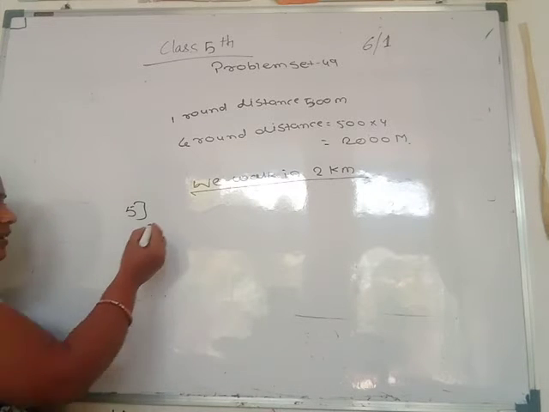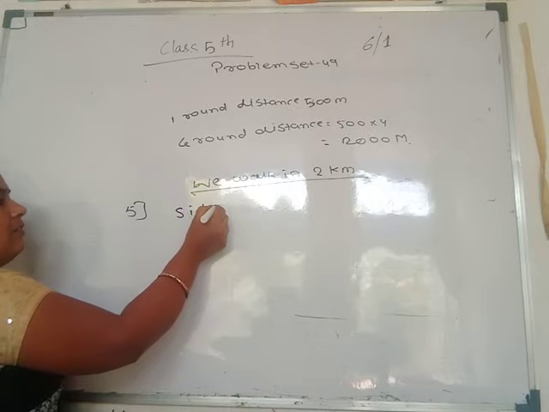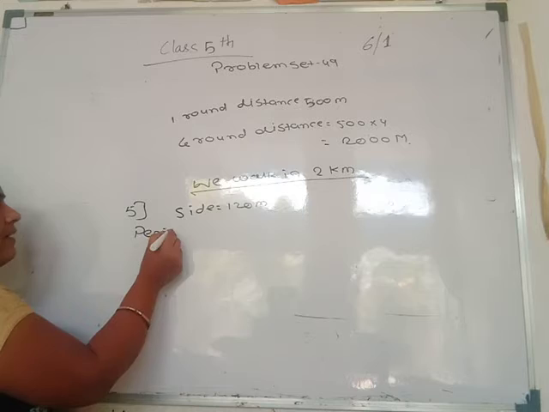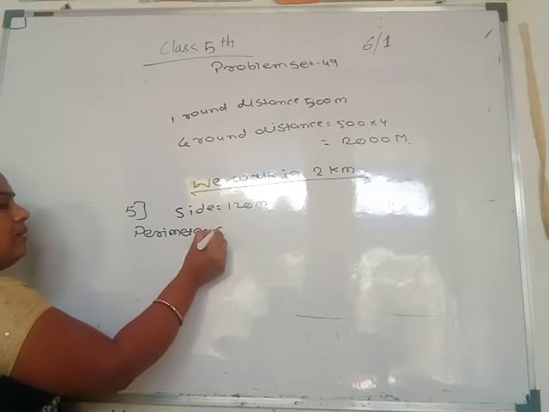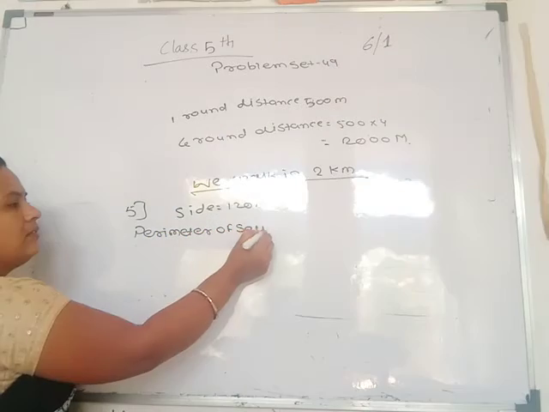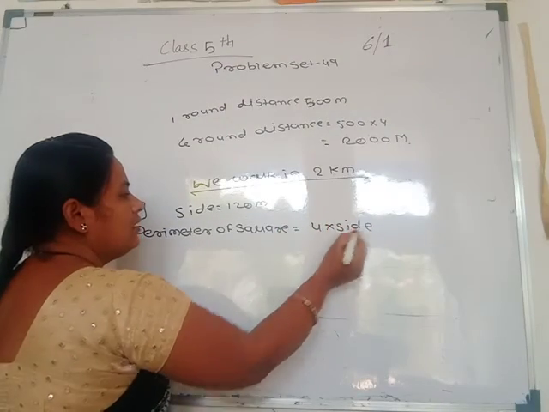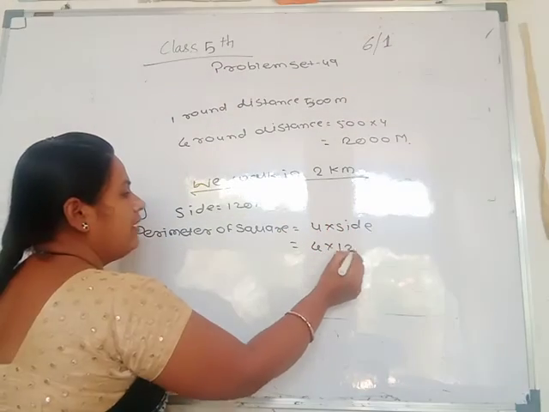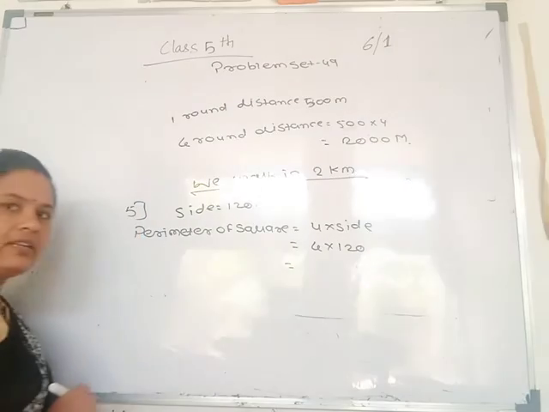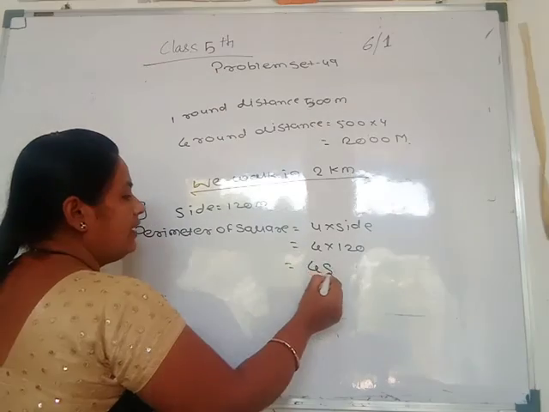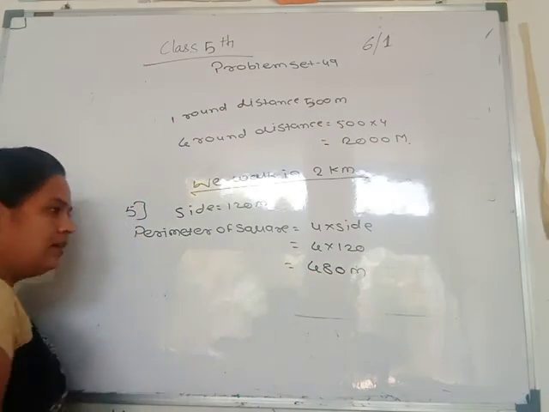Here the side is given, 120 meter. Then you write the perimeter of square, which is equal to 4 into side. Here 4 into 120 is 480 meter.